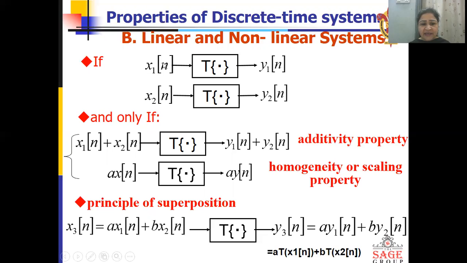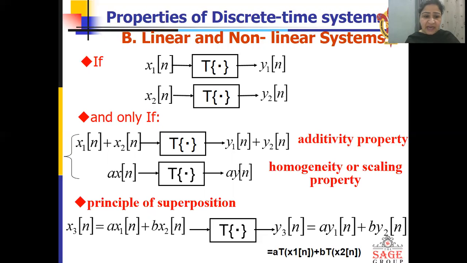Now, if I add these two inputs, x1[n] and x2[n], and give them to this same discrete time system, I should get the output as the sum of these two outputs, y1[n] and y2[n]. This is the additivity property. Similarly, I have the homogeneity or scaling property.